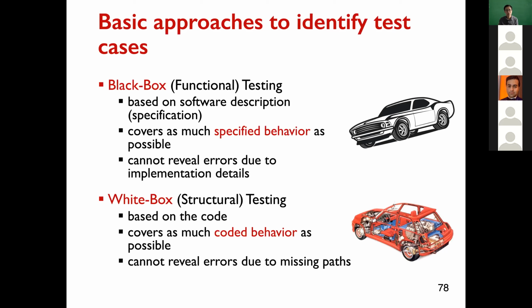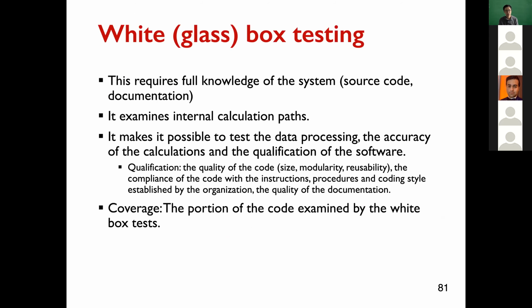Okay, let's look at the details of the two types of testing. First, white box testing. White box testing requires full knowledge of the system, including the source code and the documentation. Okay. So it examines the internal calculation paths.